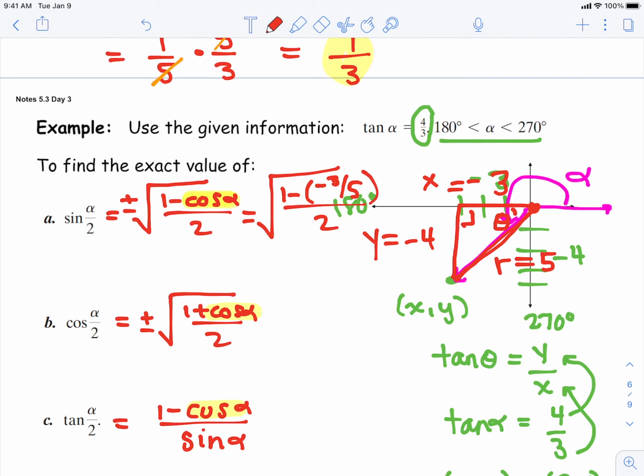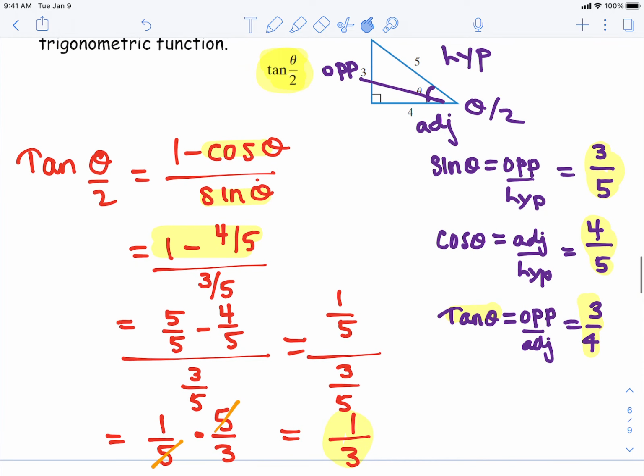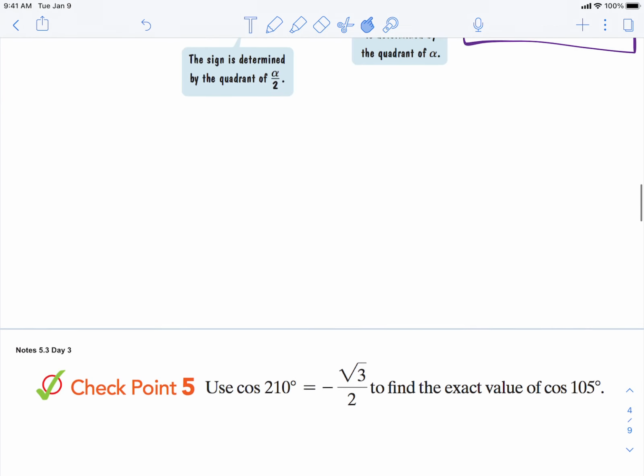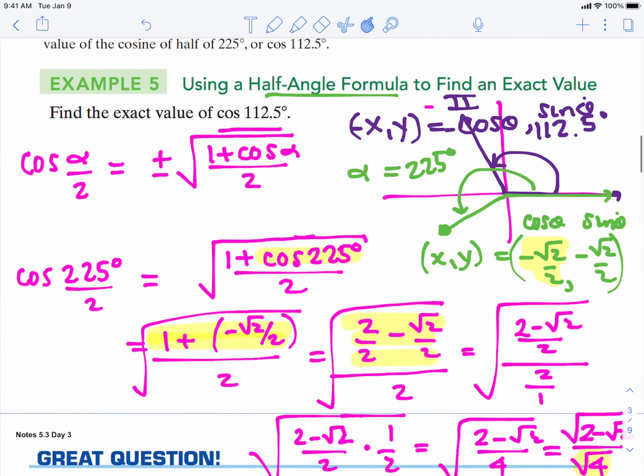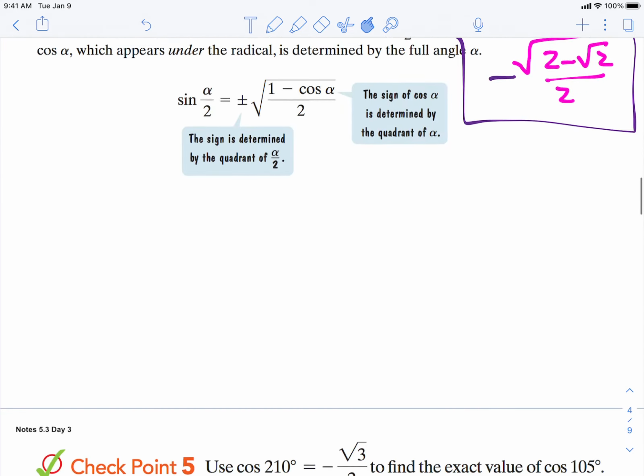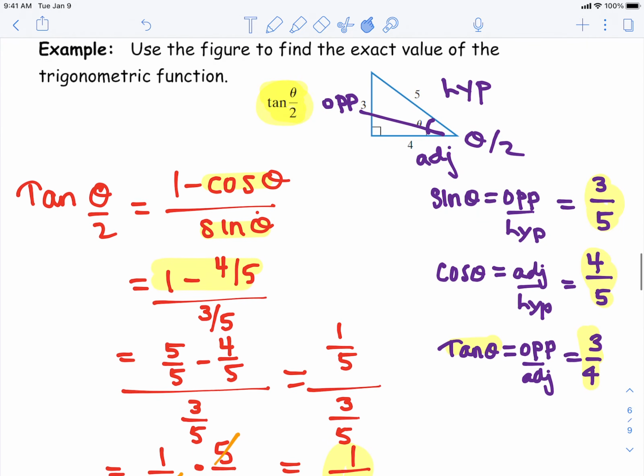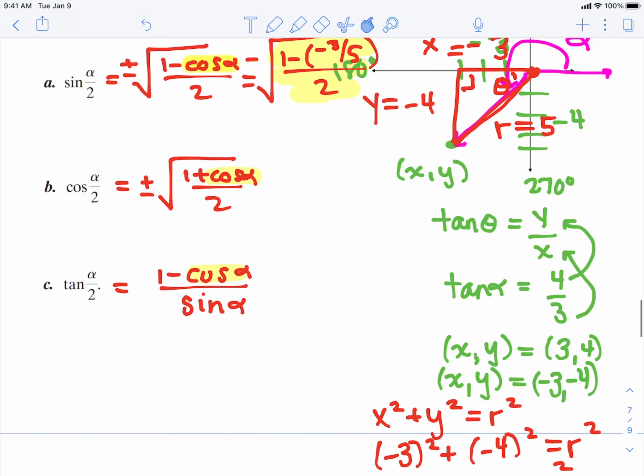The rest of this problem, you do need to simplify it. And this angle falls in quadrant 3. So we're going to have a negative. So you do need to simplify this, and we worked with some previous problems here of simplifying. So you can look up here, simplifying. We did those in example 5 and this example here. So you do need to simplify that.